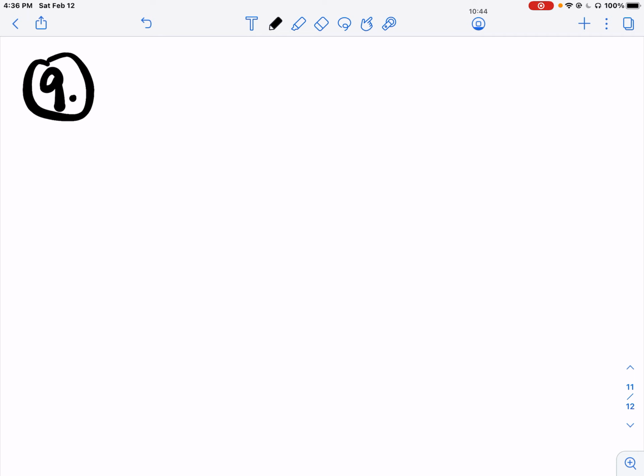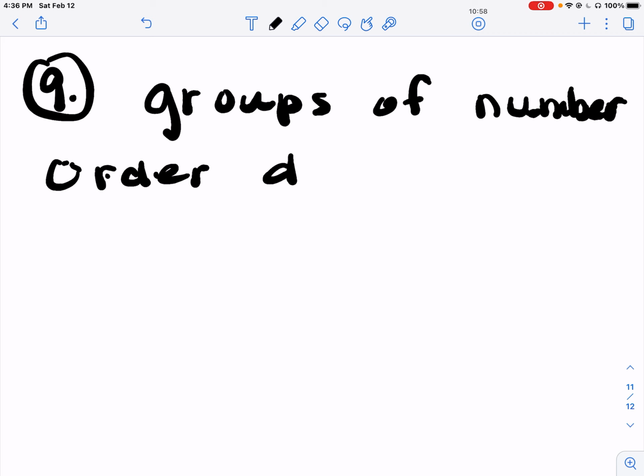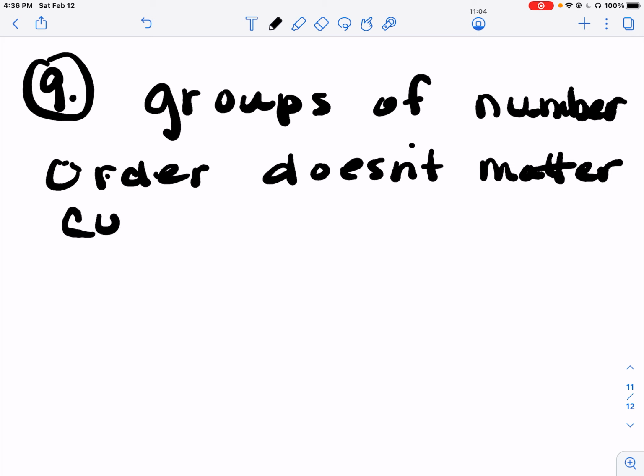Okay, on number 9, it just wants to form groups of a certain number. Okay, if order doesn't matter, then we use what's called a combination, which we calculated earlier.